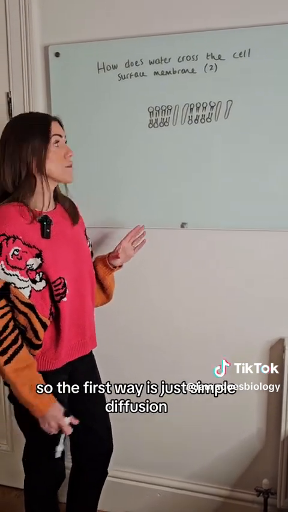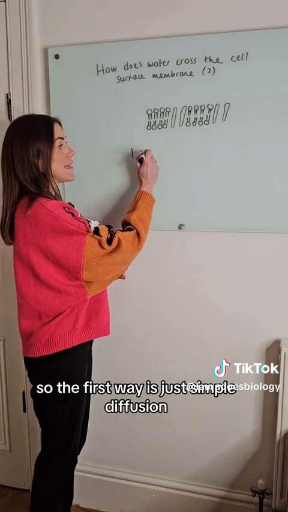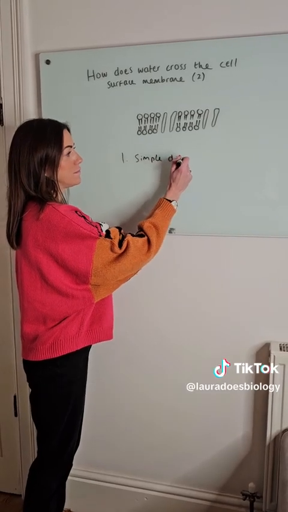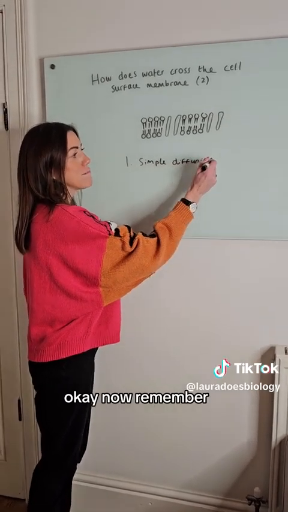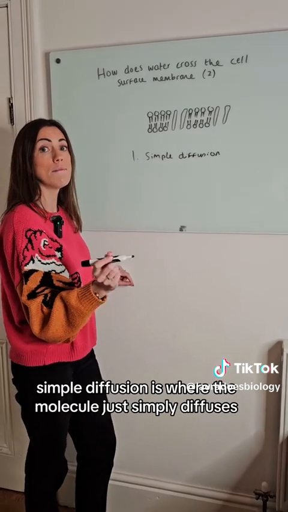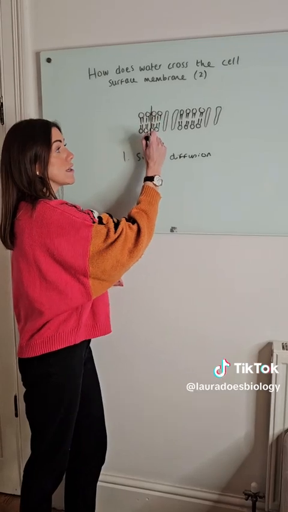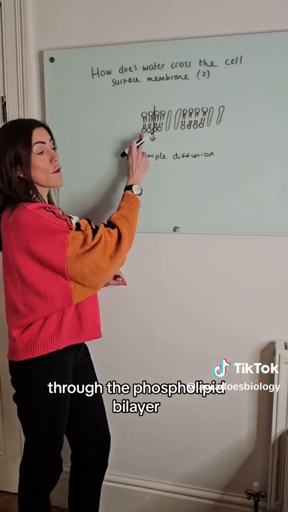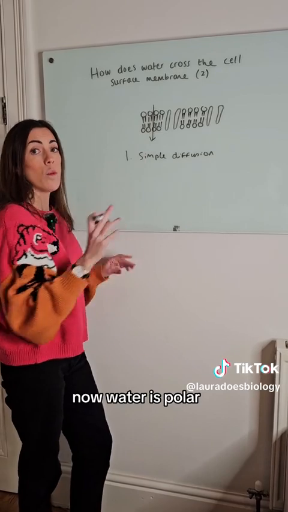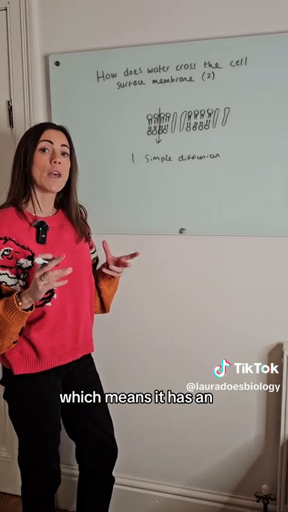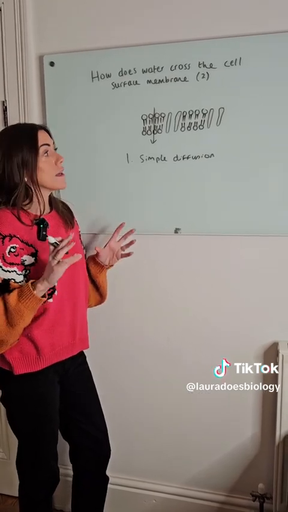So the first way is just simple diffusion. Okay, now remember, simple diffusion is where the molecule just simply diffuses through the phospholipid bilayer. Now water is polar, which means it has an overall charge.